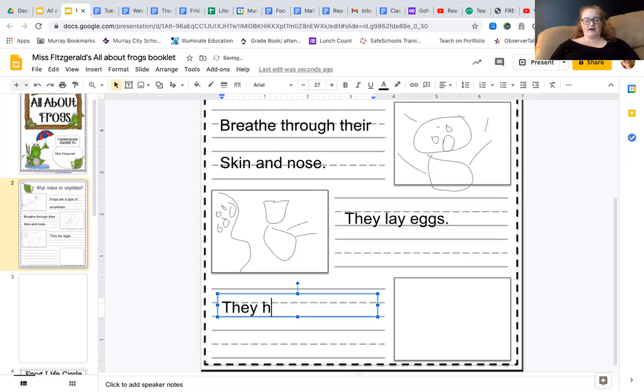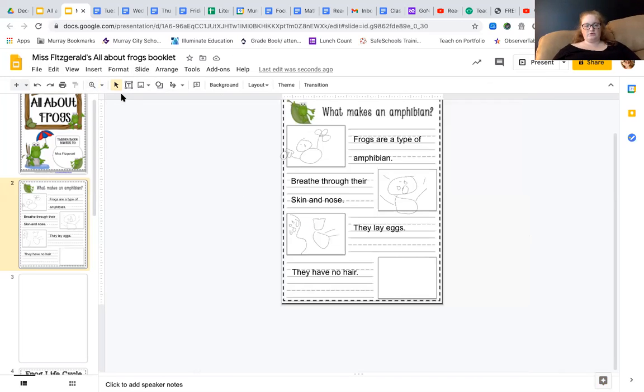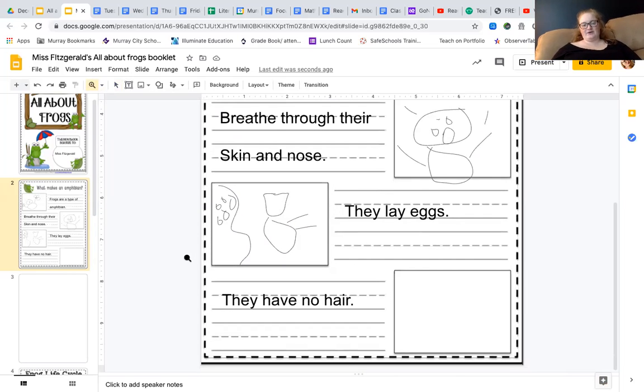They have no hair. And then I'm going to draw my picture. Okay. Go ahead and finish this up and draw your picture. I'm gonna zoom in. Sorry guys. Let me go back. There we go. Okay, they have no hair.